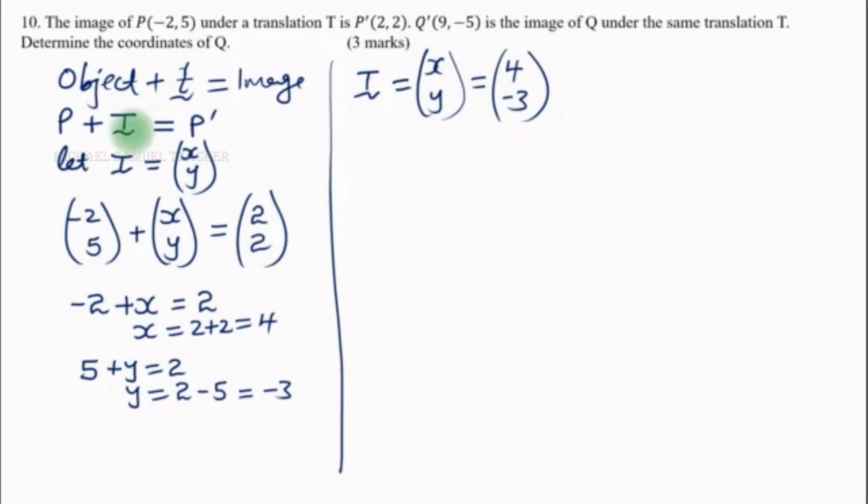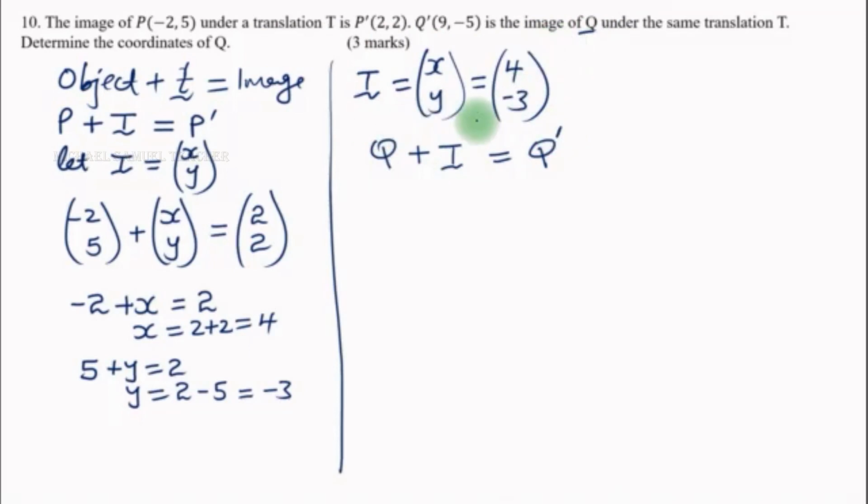Because we need to get the coordinates of Q, and here we have been given Q prime, the image of Q, the same thing will happen. So Q, the object, plus the translation vector will give us Q prime.